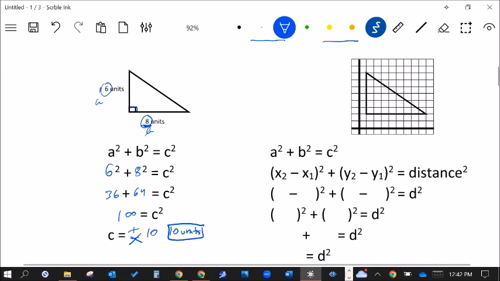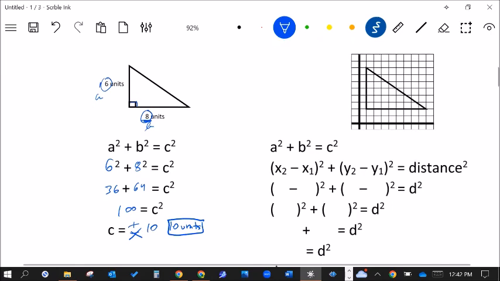If you don't have the amount, but you have the points, let's put the points on and do the same thing, but based on these points. This point that's here, the x value is 9 and the y value is 2. And this point over here, the x value is 1 and the y value is 8.